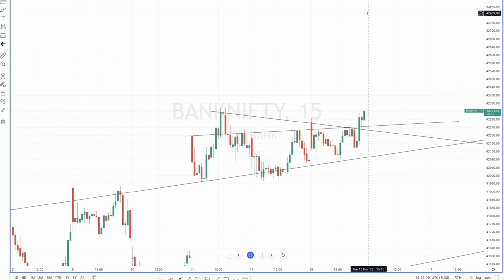Nice move. 42 lakhs is the bigger MTM, the whole position. So for now, this position, it is 34,000, 38, 39.